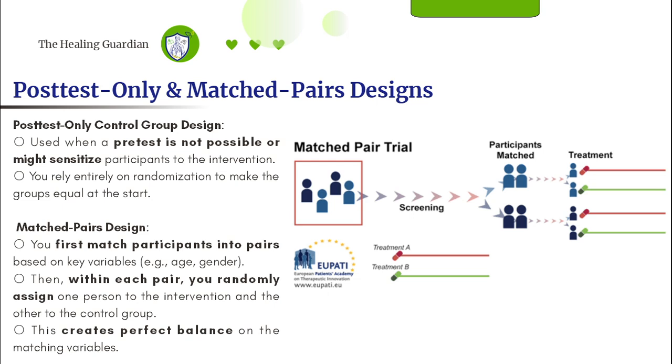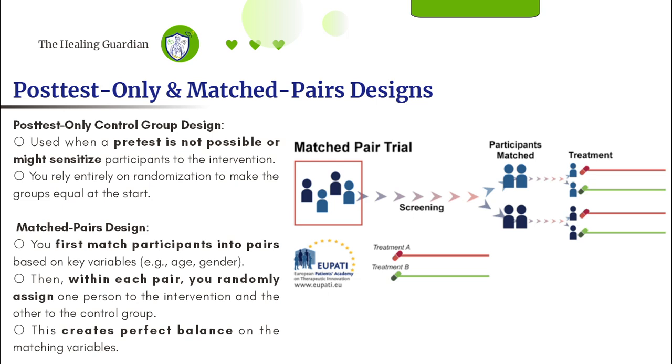Then the matched pair design. You first match the participants into pairs based on key variables. It can be age, like you first get two pairs, maybe a man and a woman, or if it is age, a child and an adult, child and an adult, or it can be anything you are testing. You first group them into pairs.